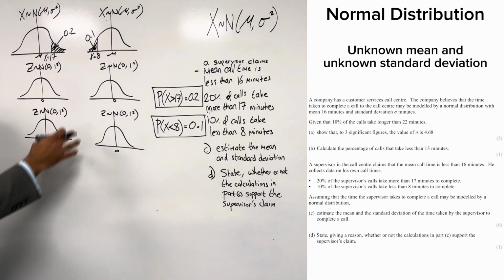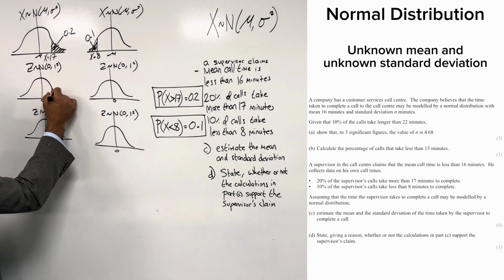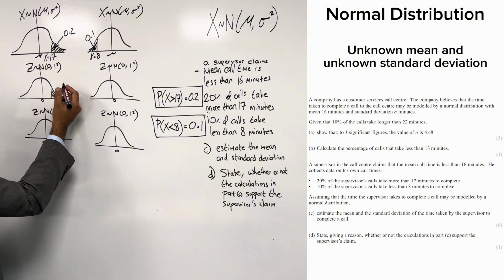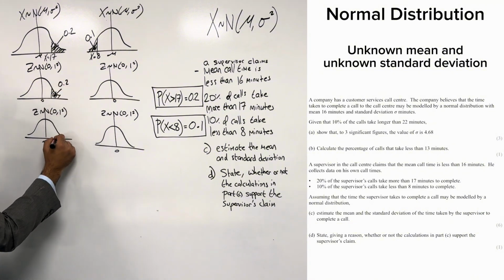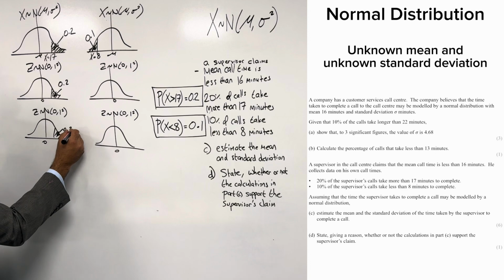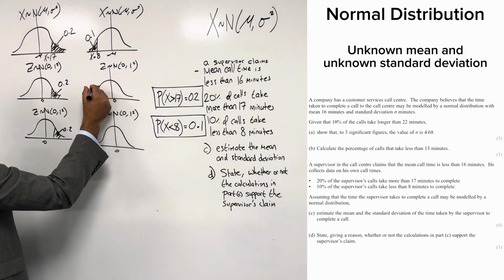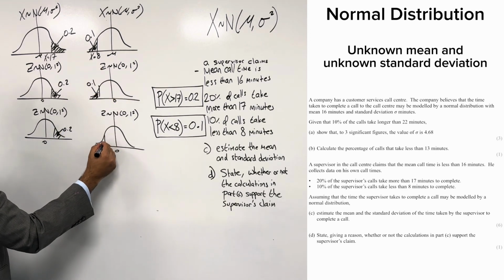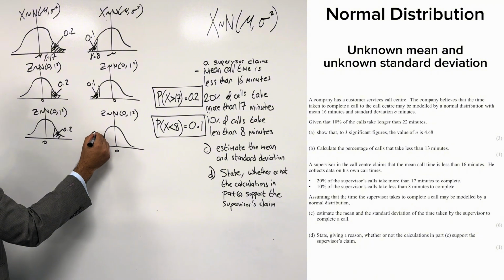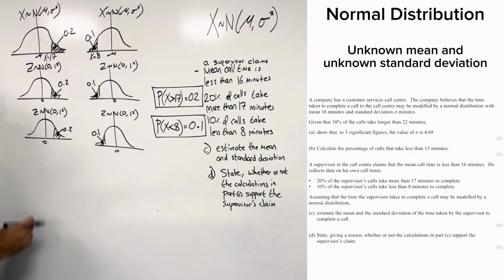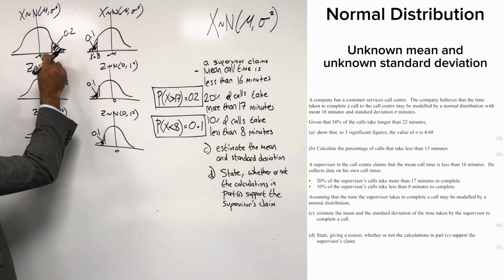And now, these diagrams are representing the same question. Okay, so they're proportional. So that's 0.2, that area is 0.2, that's 0.2. Here, this one is 0.1, and this one is also 0.1. But the reason why I'm using these standard normal distributions is because I want to standardize now. I want to standardize my x values.